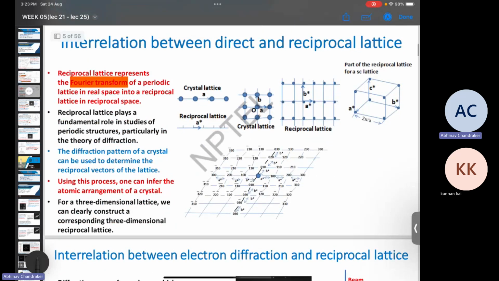What we normally use, or the way in which we used to visualize atoms till now, was in the real space, where you have a lattice which is kind of a grid, and in that lattice you have atoms sitting on the lattice points, and that was your real space. But here we are talking about a different space which is called reciprocal space, and there also you have a lattice, and each point on the lattice corresponds to a plane in the real space.